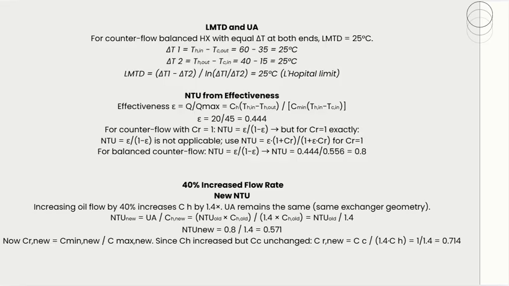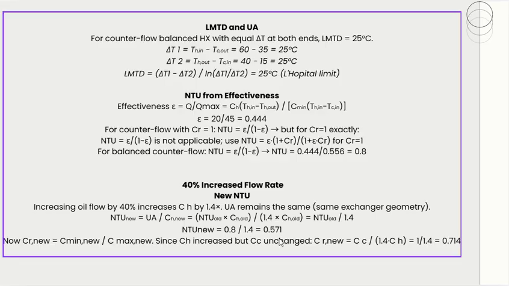For new NTU value, it is given that the oil flow rate increases by 40%, resulting in increased value of CH by factor of 1.4. Since UA stays the same, the new NTU is 0.8 divided by 1.4, which is 0.571.